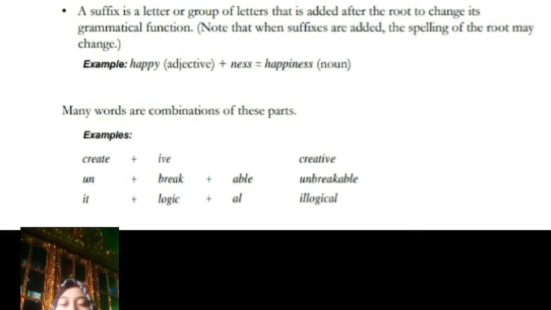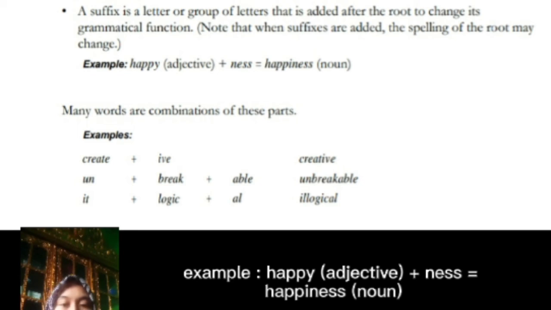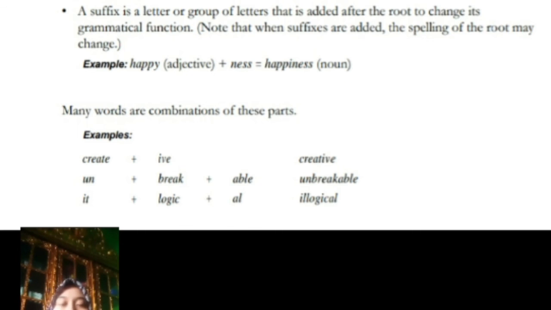And next, a suffix is a letter or group of letters that is added after the root to change its grammatical function. Note that when suffixes are added, the spelling of the root may change. Example, happy, adjective, plus ness becomes happiness, noun.